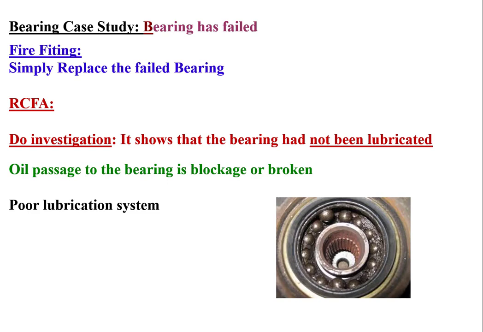One of the reasons might be that it was not lubricated, or it has the improper lubricant, or the improper viscosity, or the improper amount, or even there is a blockage in the passage of the oil lubrication, or a poor lubrication system. Whatever the cause, we should find the cause of the problem, as opposed to that firefighting team who simply replaced the failed bearing.